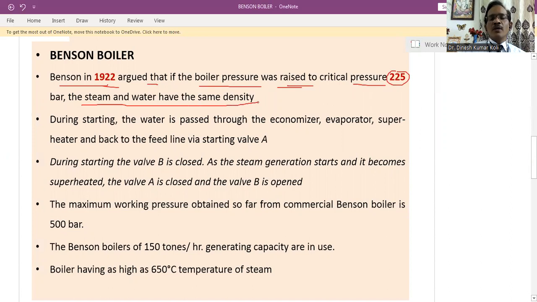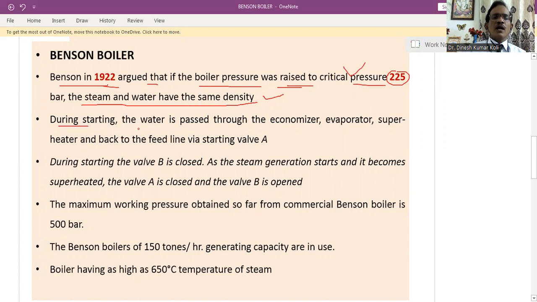Because in the Lamont boiler, there is the formation of bubbles because of the different densities of water and steam. But if the pressure is raised to the critical pressure, 225 bar, then both have the same density.